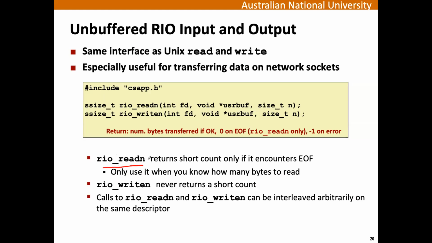So the unbuffered versions handle short count, and they only return a short count if they encounter the end of file. If the end of file has been reached, there is nothing left, right? You have to return a short count. But these functions check for other kinds of interruptions, such as interruptions by a signal handler, and they keep issuing the read system call again and again until it is clear that there are no more bytes left in the file.